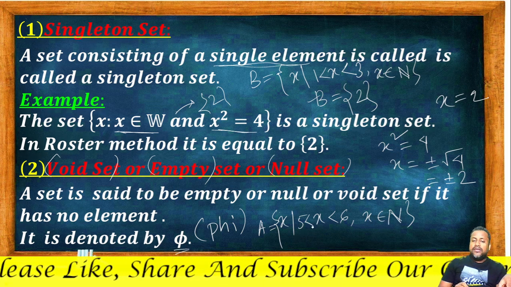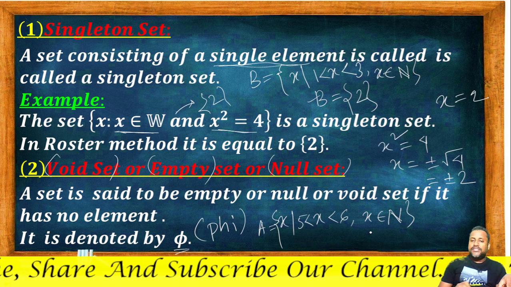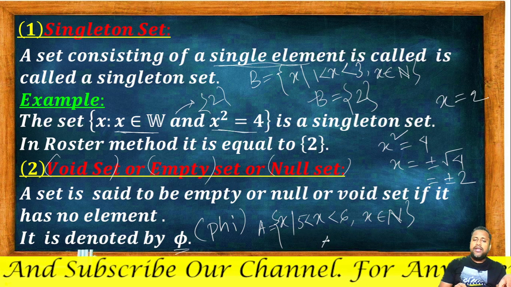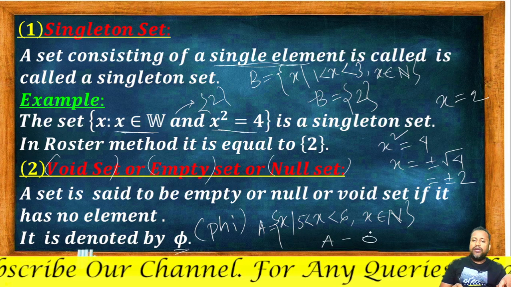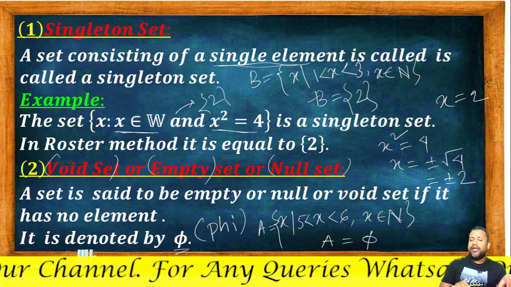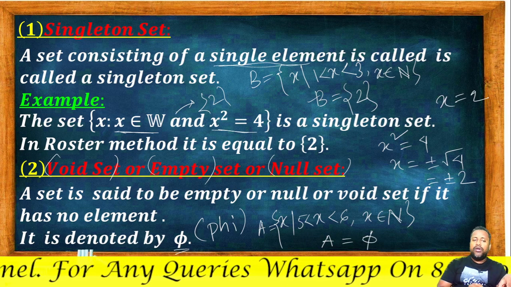Now see, between 5 and 6 there is no natural number, so set A will be a null set. That means we can write set A equal to phi.